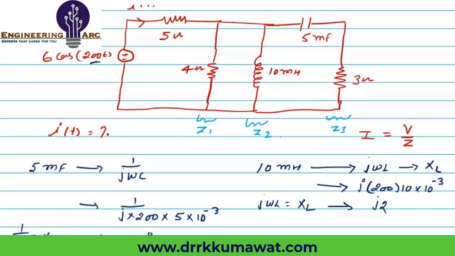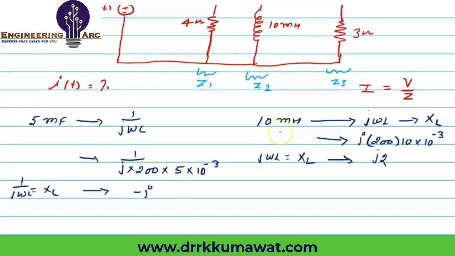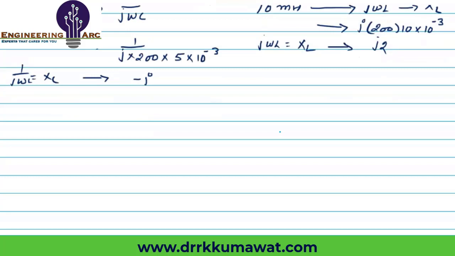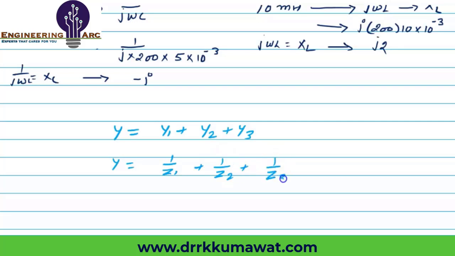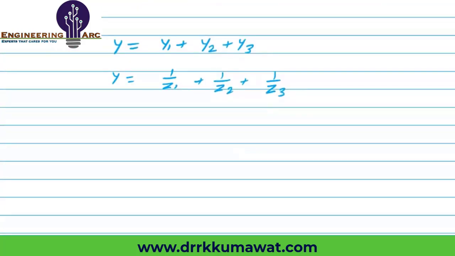Using admittance, the total Y is Y1 plus Y2 plus Y3 for these three branches, so Y equals 1 upon Z1 plus 1 upon Z2 plus 1 upon Z3.